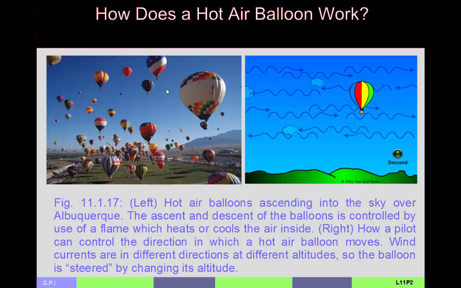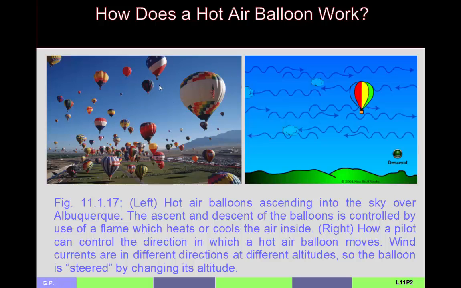So I was thinking about how it is that a pilot actually controls the direction in which the hot air balloon moves. Now, in theory, the way that you can do it is as follows. The air surrounding the hot air balloon does not necessarily have currents which are all in the same uniform direction.